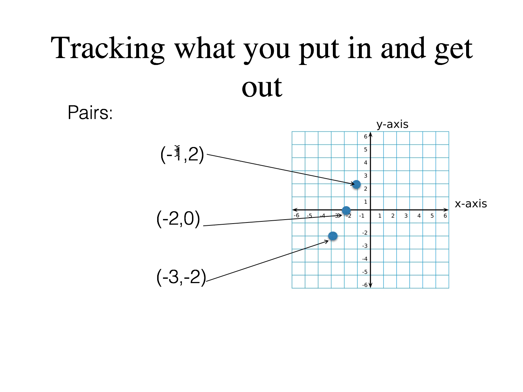I can plot that single point on the xy axis, where the x-coordinate is -1, and that stands for the number I put into my function machine, and the y-coordinate is +2, and that stands for the number that I got out. So each point on the coordinate axis has both an x and a y coordinate, and the x-coordinate tells you the number you put in, and the y-coordinate tells you the number you got out of a function machine.